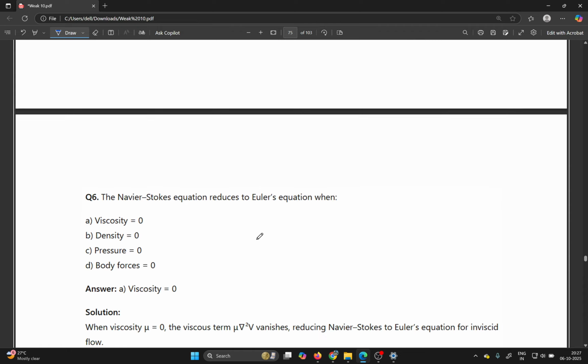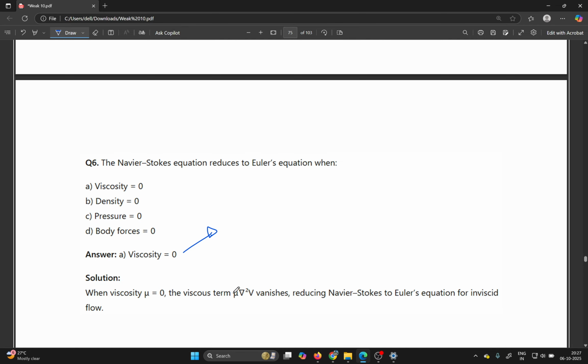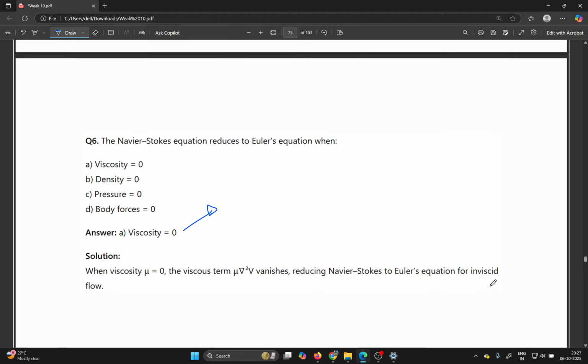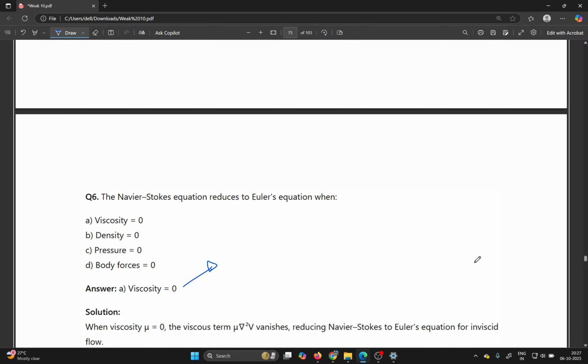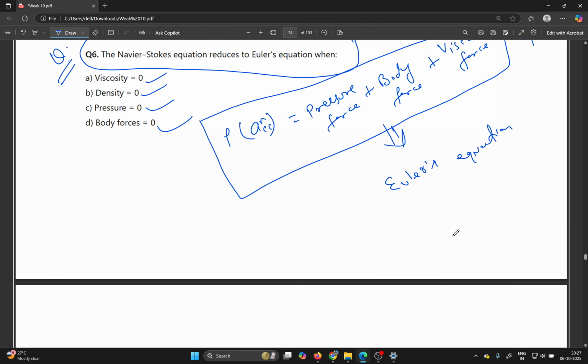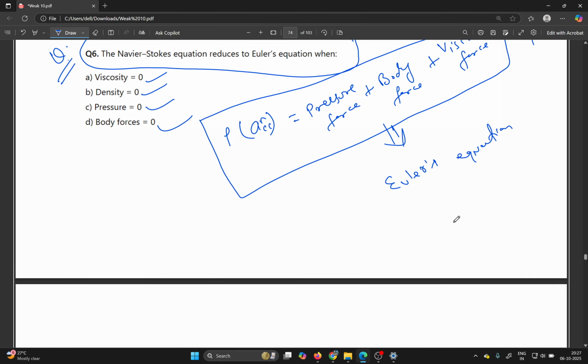Okay, so let us move on to the answer. Here, the viscosity term you will consider zero when you convert Navier-Stokes equation to Euler equation. When the viscosity term is 0, the viscous term mu del square V vanishes, reducing Navier-Stokes equation to the Euler equation. That is inviscid flow. So here you can say very clearly the assumption for deriving the Euler equation is inviscid flow, because you are not considering that the flow has viscosity.